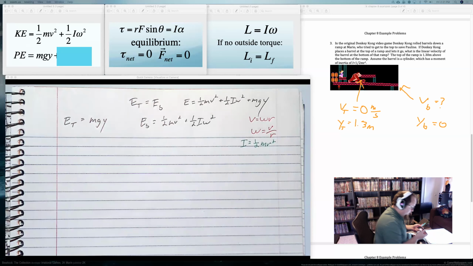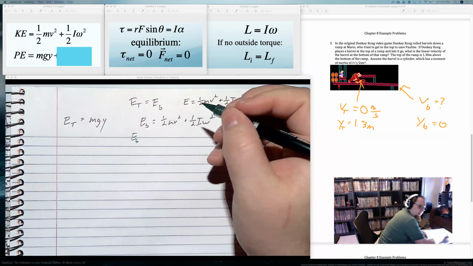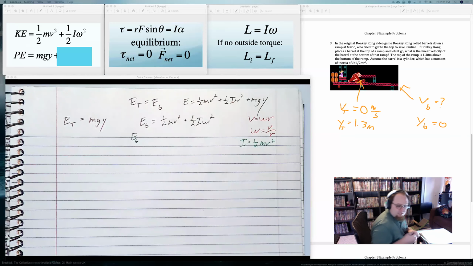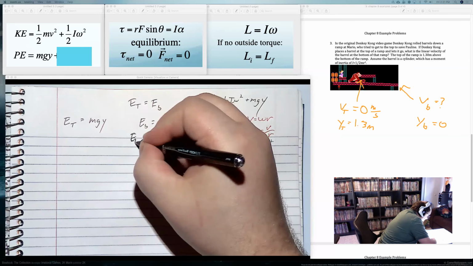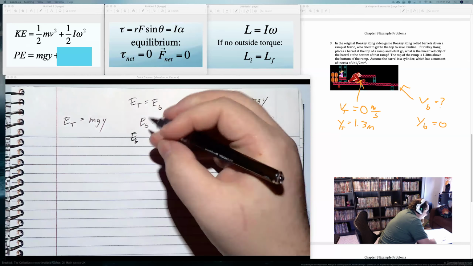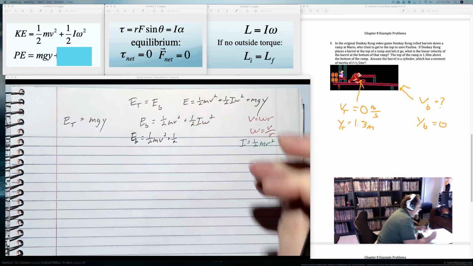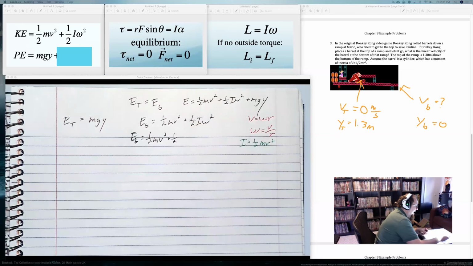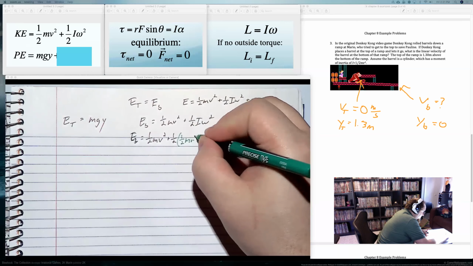And what I'm going to do is I'm going to take this equation. Oh, I switched pens by mistake. Though it looks basically the same on the screen anyways, but doesn't look the same to me, so I'm going to switch back. I'll just take this equation and say, okay, 1/2 mv squared plus 1/2 I, but I have an equation for I. I is 1/2 mr squared.